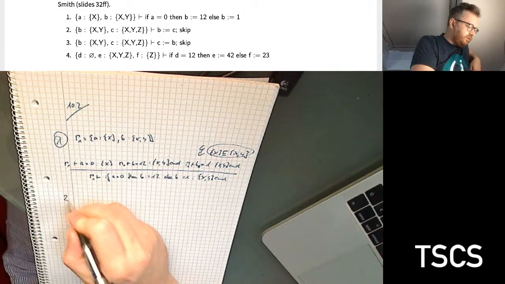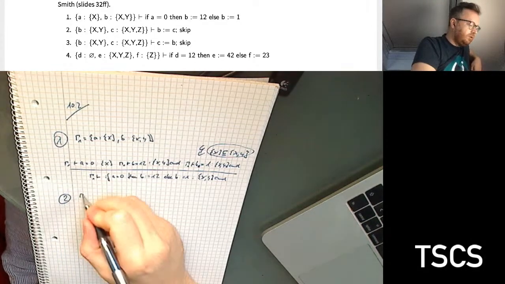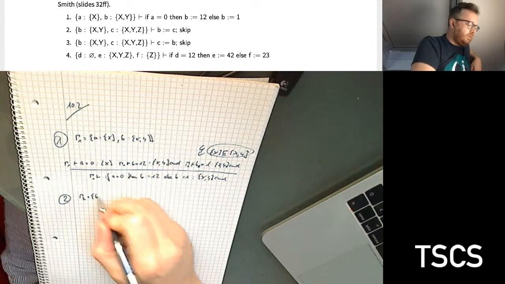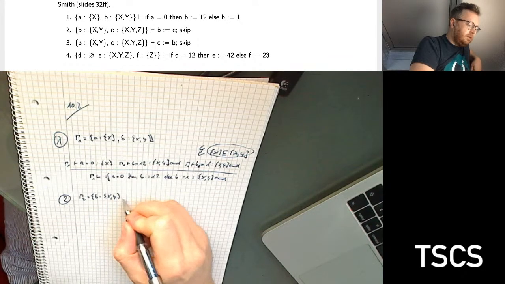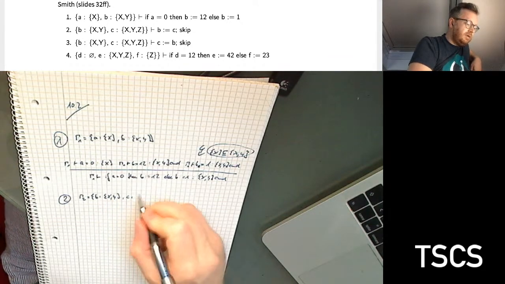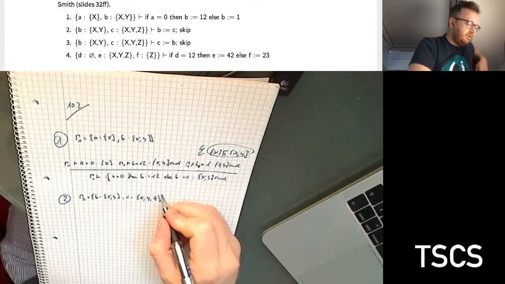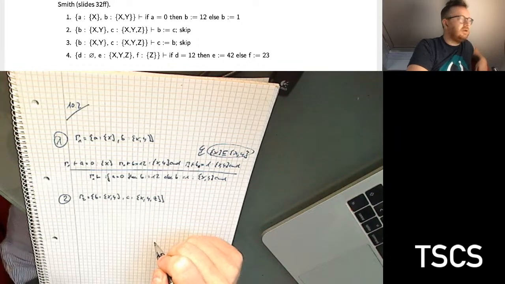Okay, let's move on to number 2. So what's the context of number 2? It is B, X, Y, and C, X, Y, Z. This is the context in the second exercise.